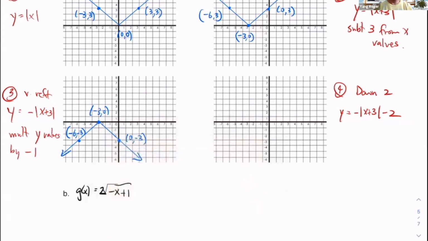And then the last guy, we just got to subtract 2 from y. So I take each of those y values and I subtract 2. So we're going to get -3, -2. And then we're going to get -6, -5.